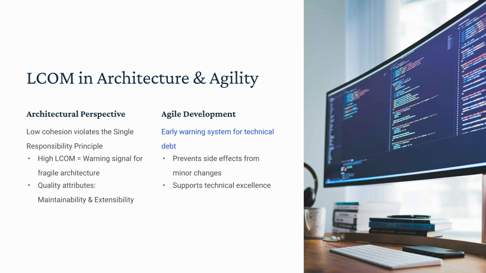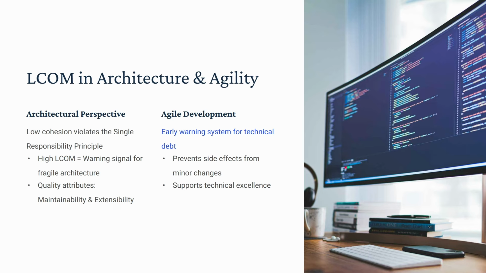Now the question arises, how does LCOM actually fit into the bigger picture of software architecture and agile methods? First, from an architectural perspective, a class with high cohesion and thus low LCOM is usually easy to understand, well testable and robust to changes. That means it fulfills central quality attributes such as maintainability and extensibility.